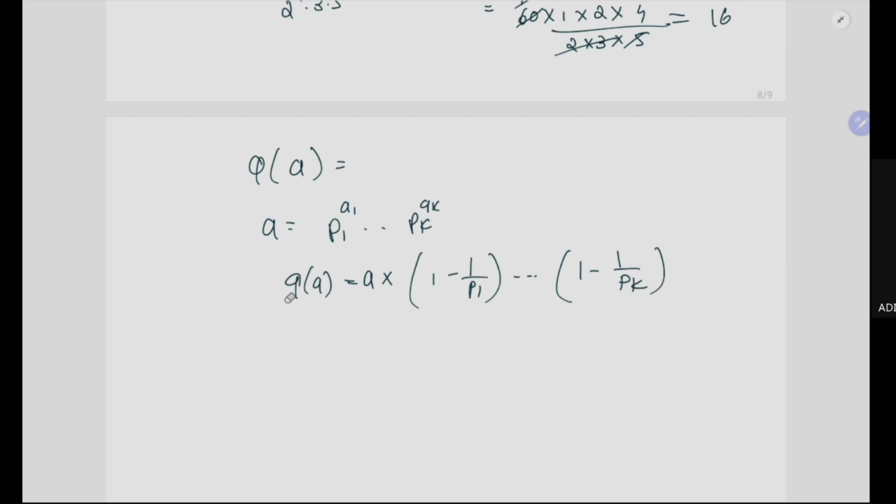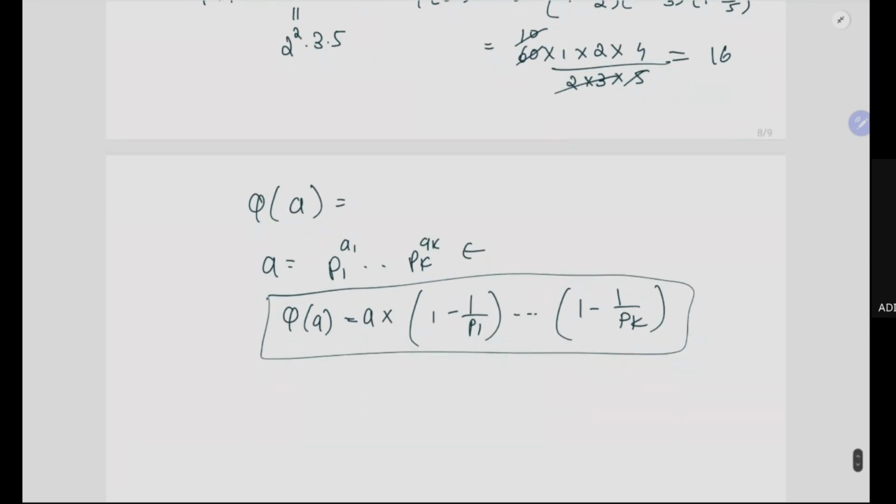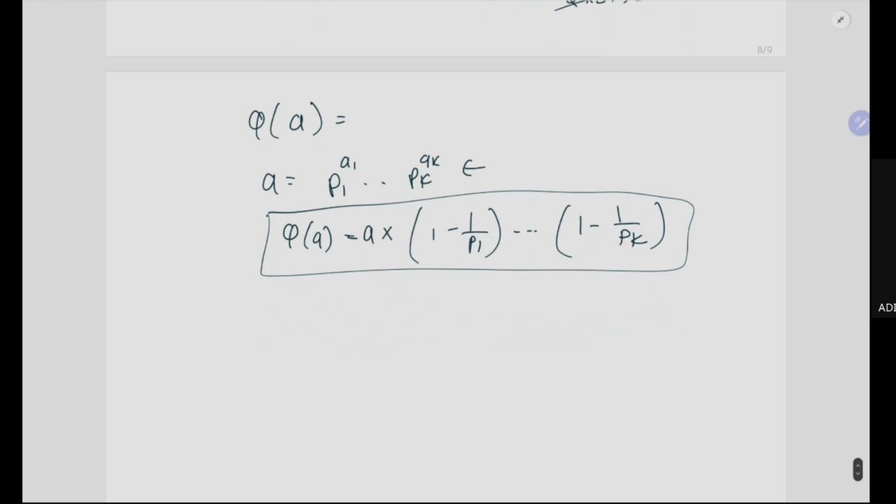If you have never come across this formula, you can note this down. You just need to know the decomposition of A into primes, I mean the unique factorization which we have for integers in general. Is that clear? Yes, ma'am.